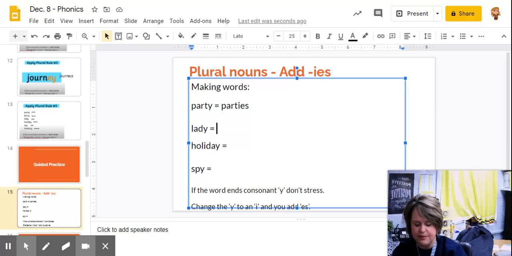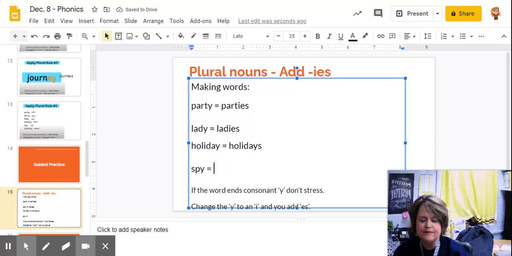We're going to drop the Y and change it to I, L-A-D, change it to Y, add E-S. Holiday has a vowel before the Y, so it is going to stay the same. Just add an S. And spy, yes, the P is a consonant. We're going to change the Y to I, add ES.